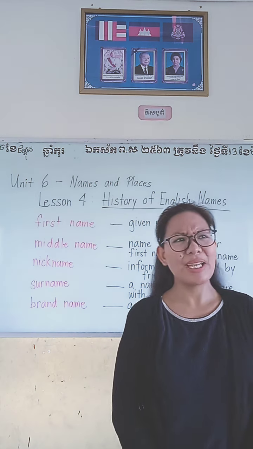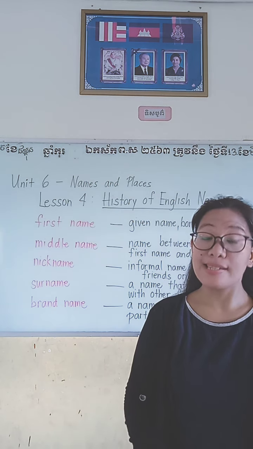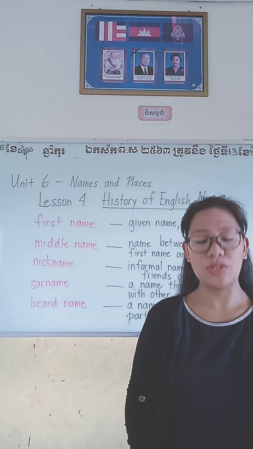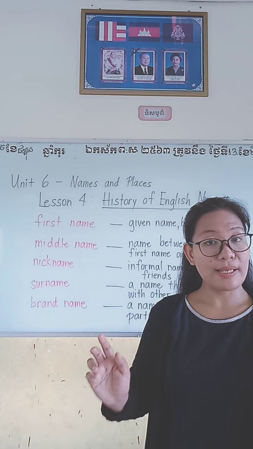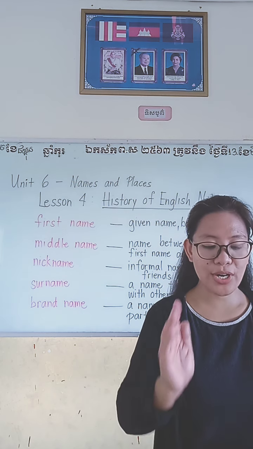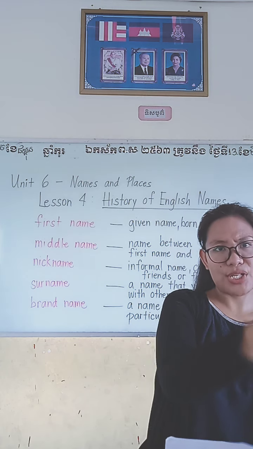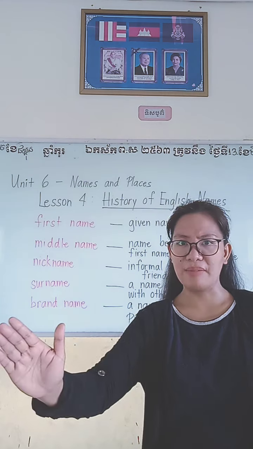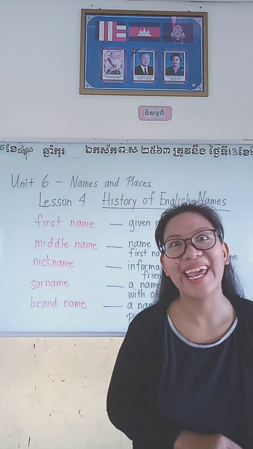Teacher, you might ask, teacher, what is middle name? Okay, this is how I can explain it to you. Just remember, some people have names between their first name and their last name. So just think about, there's a first name and then there's a last name. So in between, that is what we call the middle name.